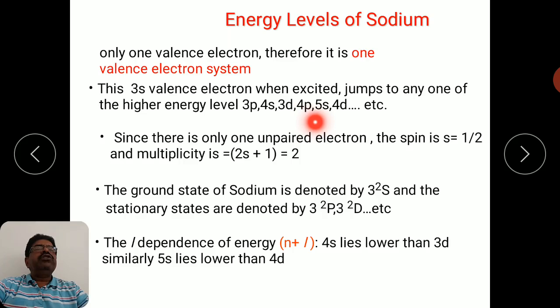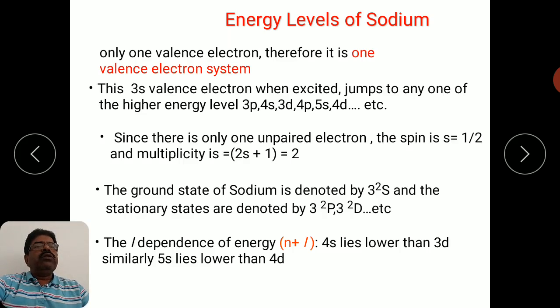Then instead of having 4d, first 5s comes, then 4d, and so on. So why is this so? Because these levels are represented here according to their energy. They are not written in alphabetical or alphanumerical order. So here the L energy dependence is based on this N plus L, where N is the principal quantum number and L is the orbital quantum number.